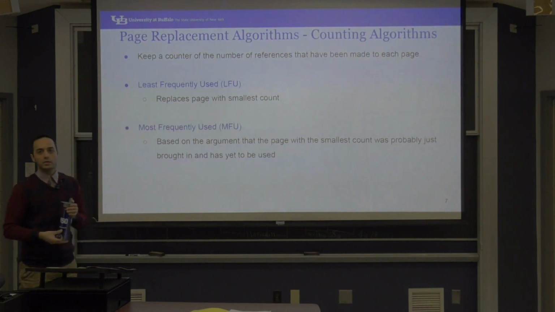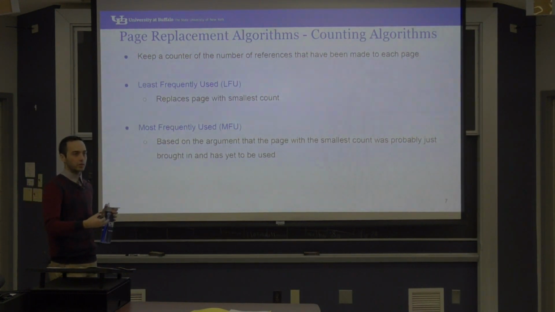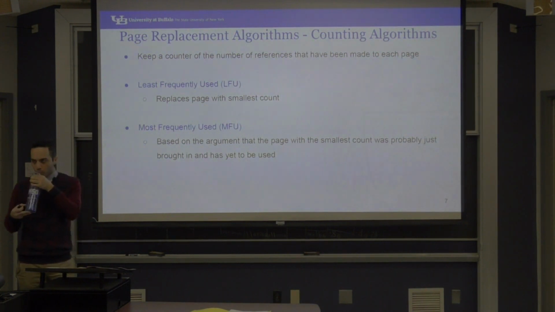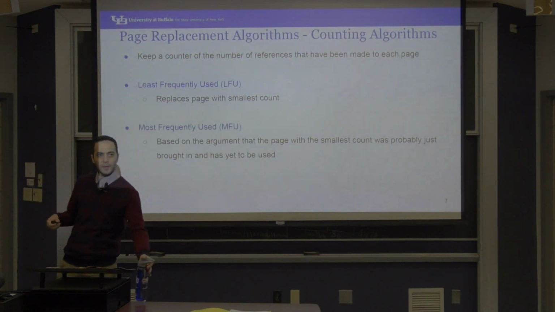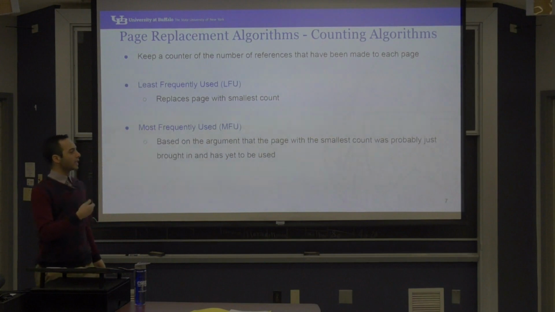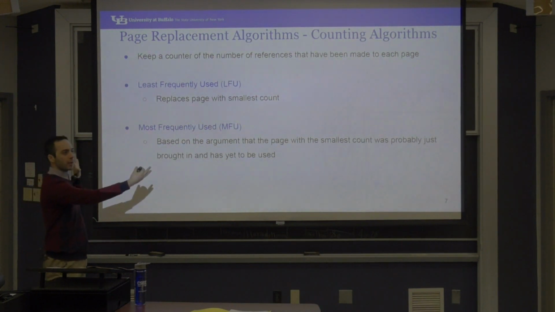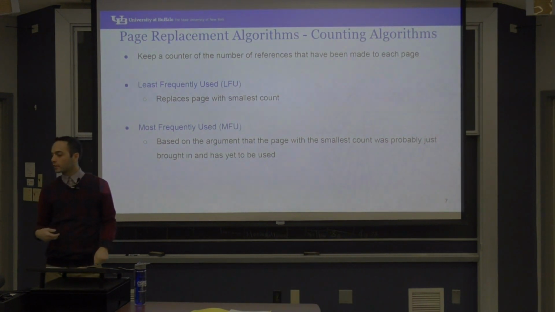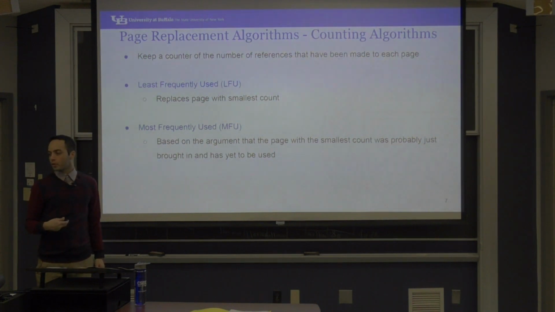If it's a page that is actually being continuously used, then that's not going to be a good pick, right? But these are just different ideas, and you should know them. All right? We're not going to go over any example, but with the same table, you can start working on them and make sure you feel comfortable that you can use any of these algorithms.